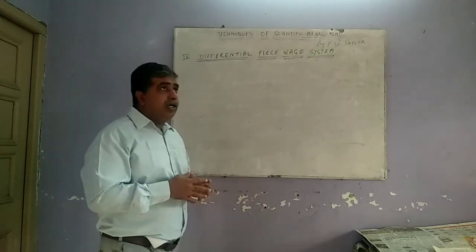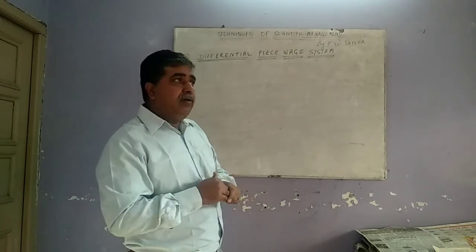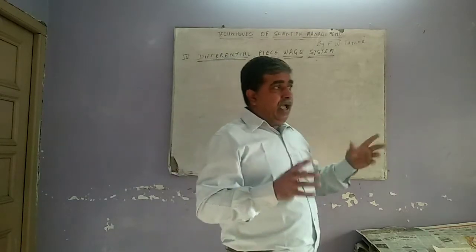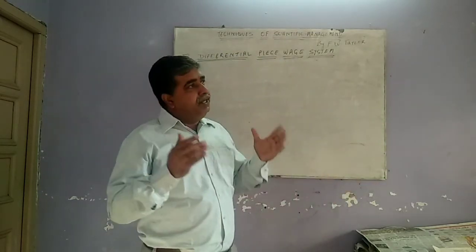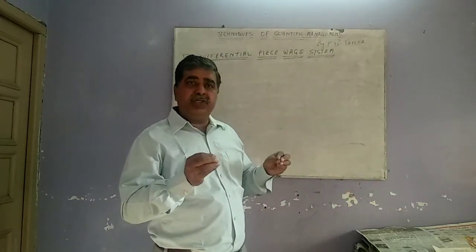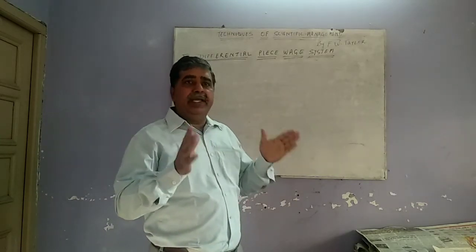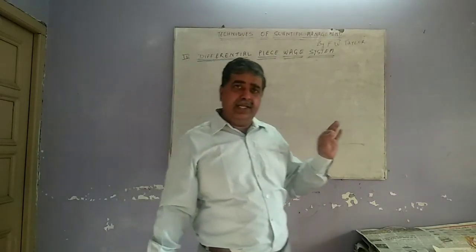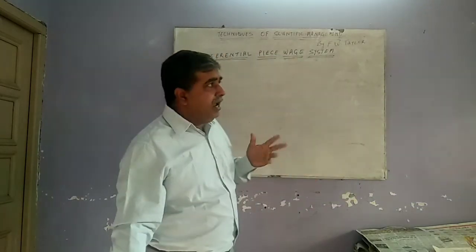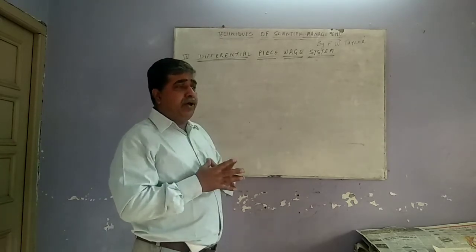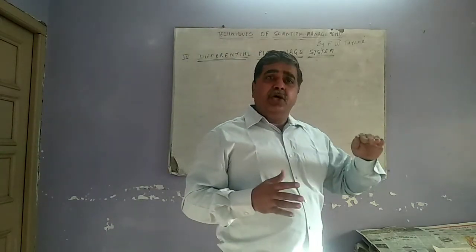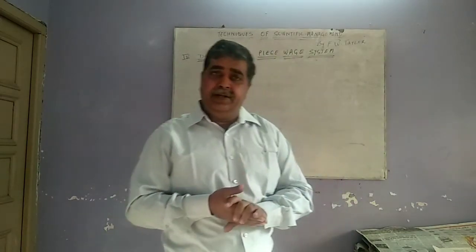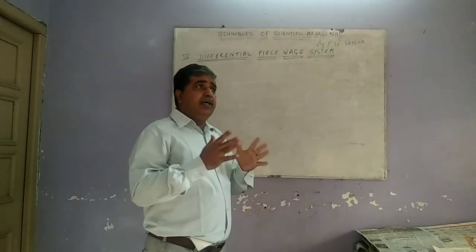Under this technique, two wage rates are determined. The higher rate is determined for the efficient workers. Efficient workers means workers who are able to produce the standardized quantity in standardized time. And the other rate is determined for inefficient workers, which is lower than the efficient workers' rate.